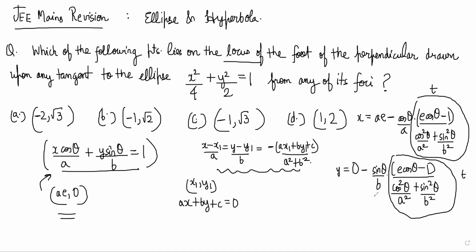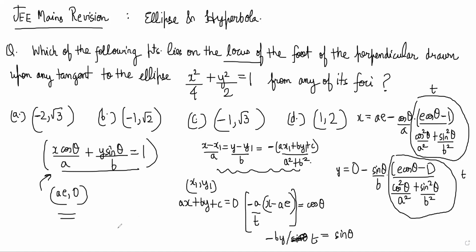And we can say that (x minus ae) multiplied by a over t minus b is cos theta, and minus y by b over t is equal to sine theta.